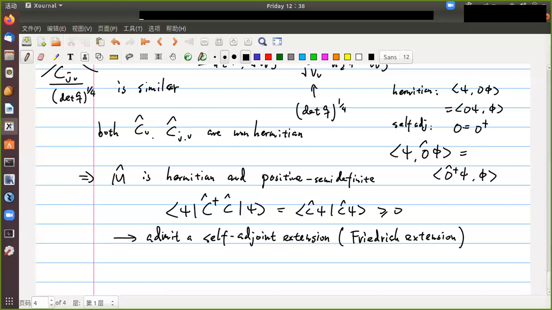One thing I can mention is that in quantum mechanics you always assume you have a Hamiltonian, the kinetic term plus potential: p squared divided by 2m plus a potential.